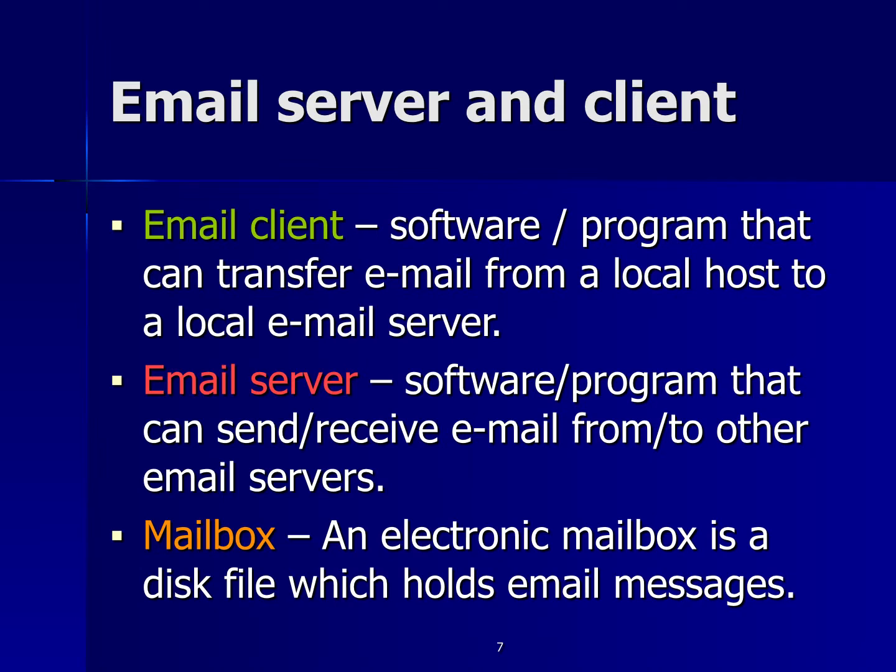Now there are three parts: email client, email server and the mailbox. The email client is a software or program that can transfer email from a local host to a local email server. The email server is a program that can send or receive email from or to other email servers. And the mailbox is just a disk file which holds all the email messages.